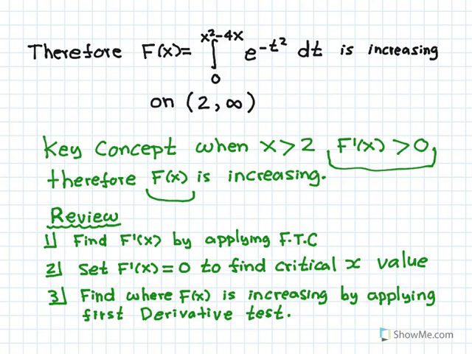So basically, we did 3 steps. Number 1, find F prime of x by applying FTC plus chain rule. That was done. Number 2, set the derivative equal to 0, set F prime of x equal to 0 to find the critical x value. We also did that. Number 3, find where F of x is increasing by applying the first derivative test. That was also done. All right, thanks.